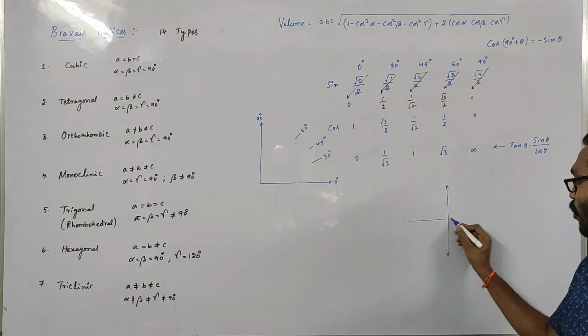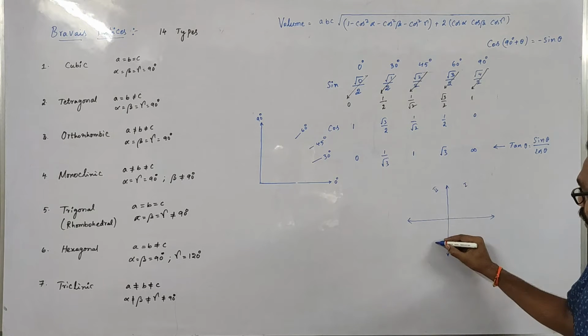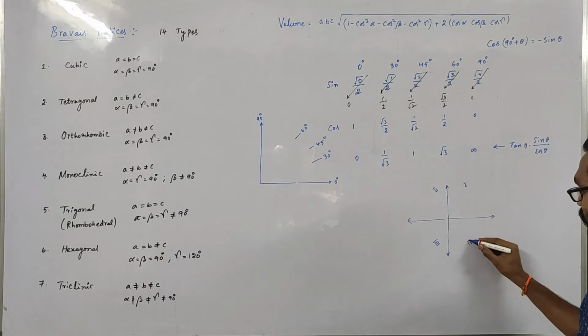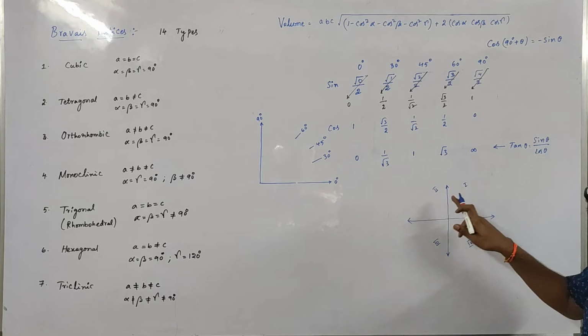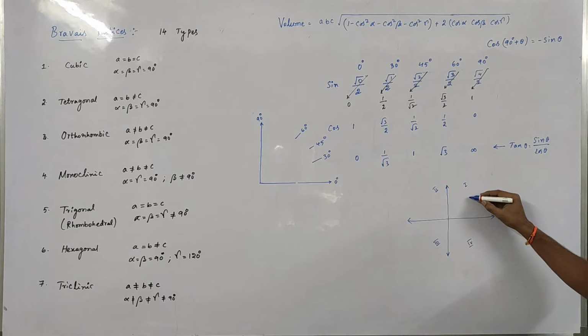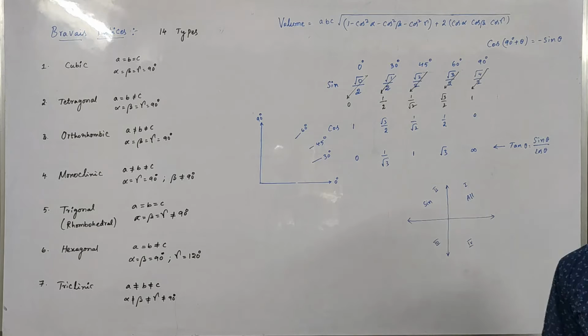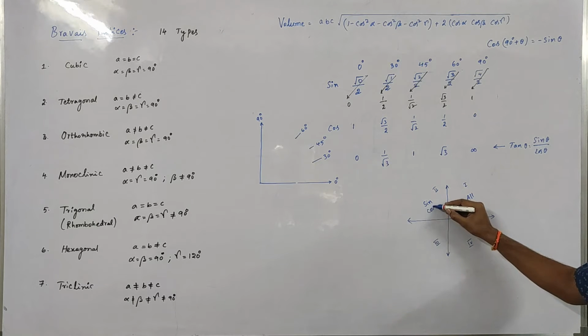If you take quadrants, I call this the first quadrant, second, third, fourth. What we write is: all silver tea cups. All means all are positive. Silver means sine value is positive, and cosecant.